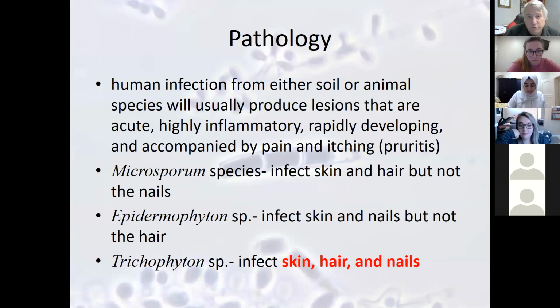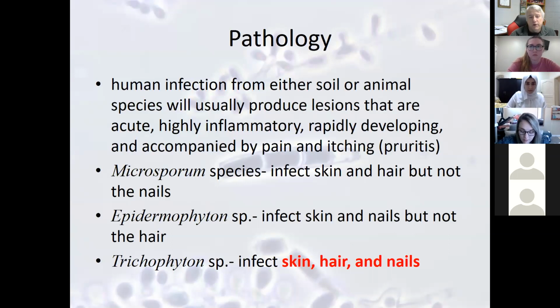All right, so pathology, human infection from either soil or animal species. So, you know, we said there were some that were human, some were soil, some were animal, but we are getting those infections from the soil or animal. They will usually produce lesions that are acute, highly inflammatory, rapidly developing, and accompanied by pain and itching.